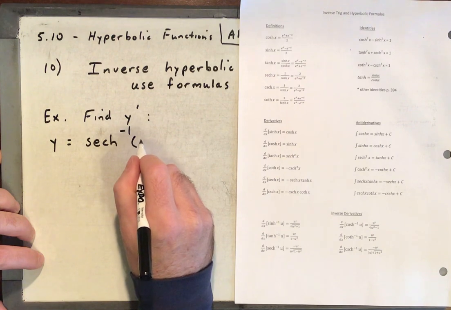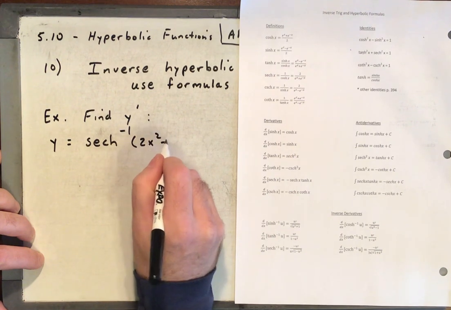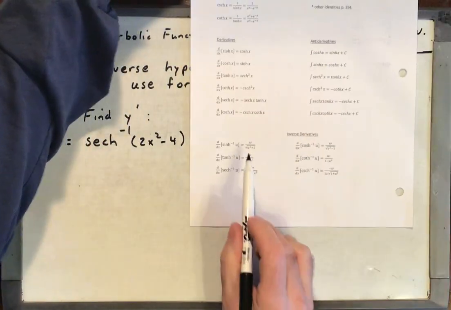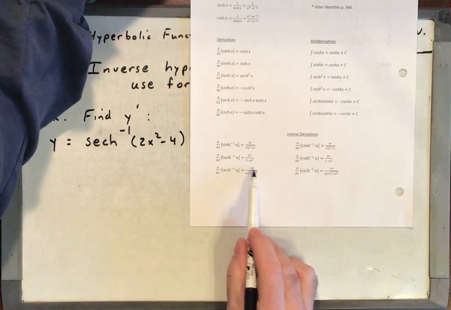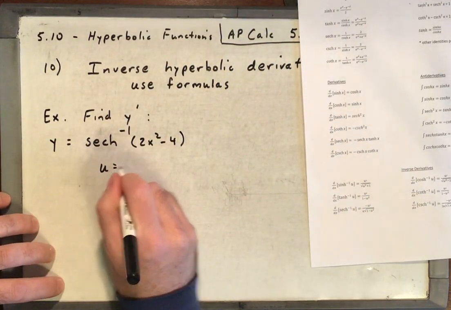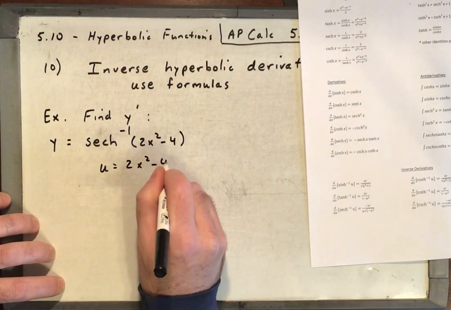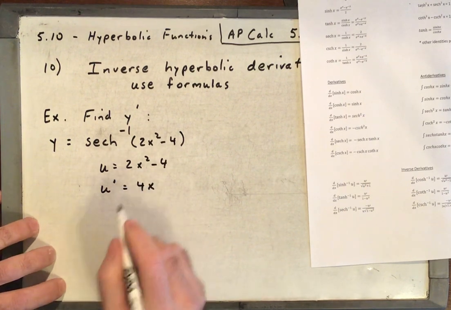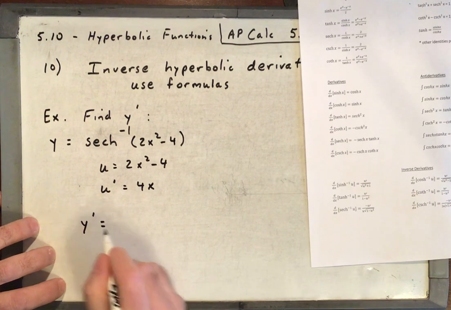Inverse hyperbolic secant of 2x squared minus 4. All right, so with these, you're just doing the u and the u prime, and we're going to use this formula right here. So not that bad. U is 2x squared minus 4. U prime is 4x.